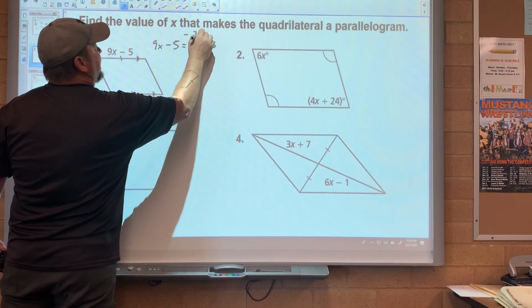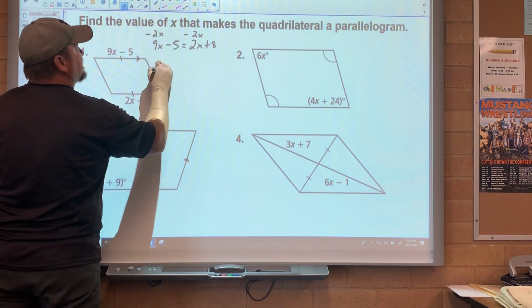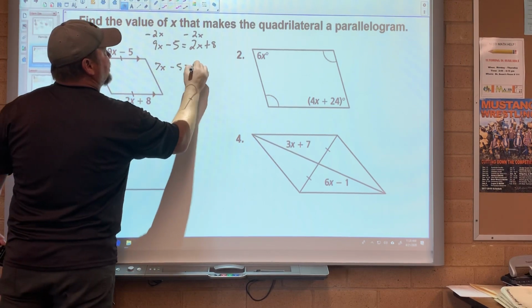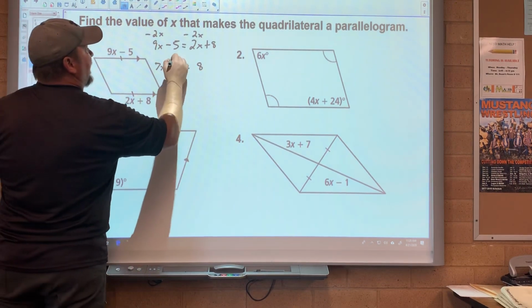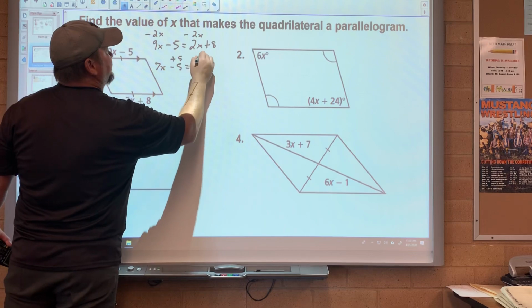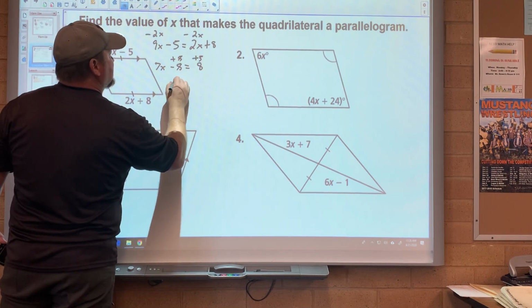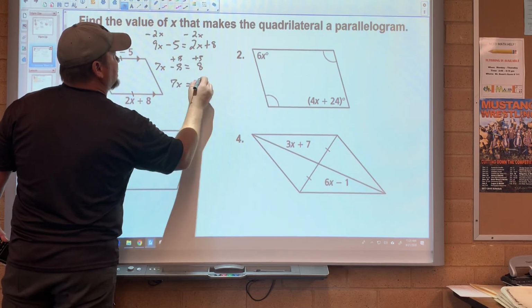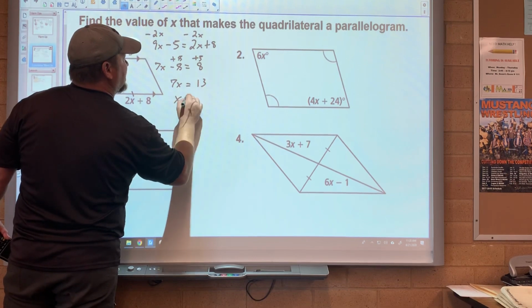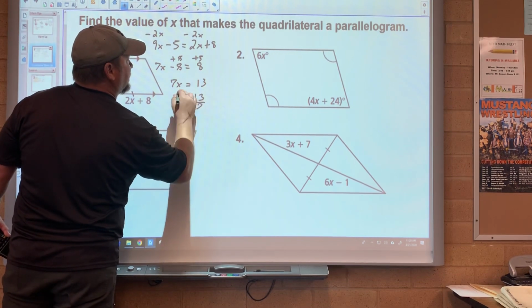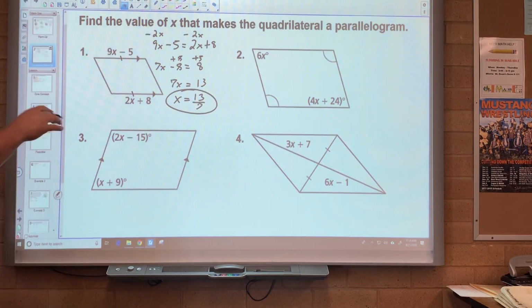Minus 2x, that's 7x minus 5 equals 8. Add the 5, and I get 7x equals 13, x equals 13 over 7, because you divide by 7. Any questions on that one?